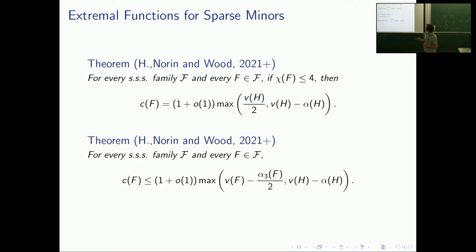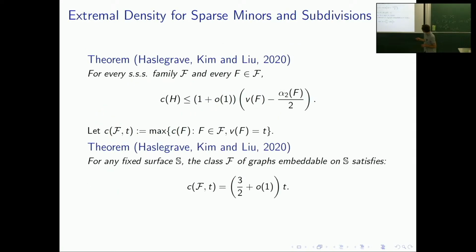I believe the title is extremal density for sparse minors and subdivisions. Our techniques don't really give any easy way of applying to topological minors.